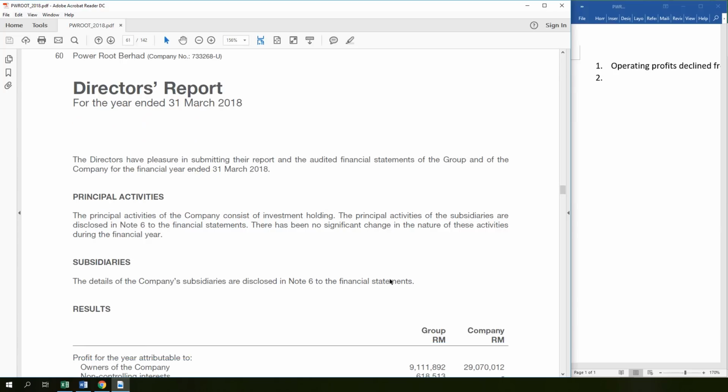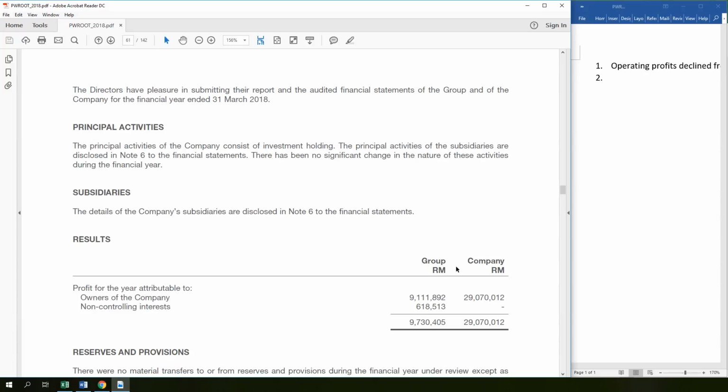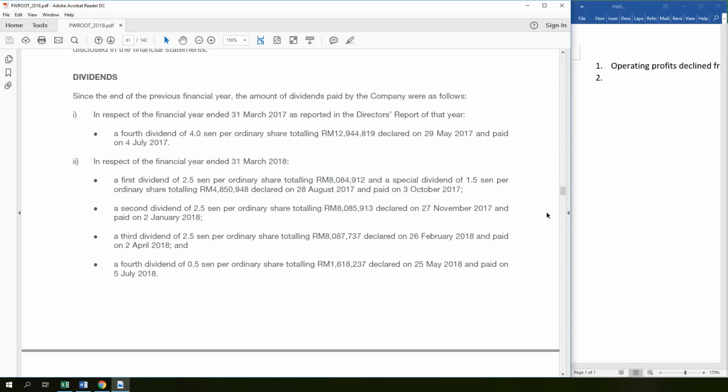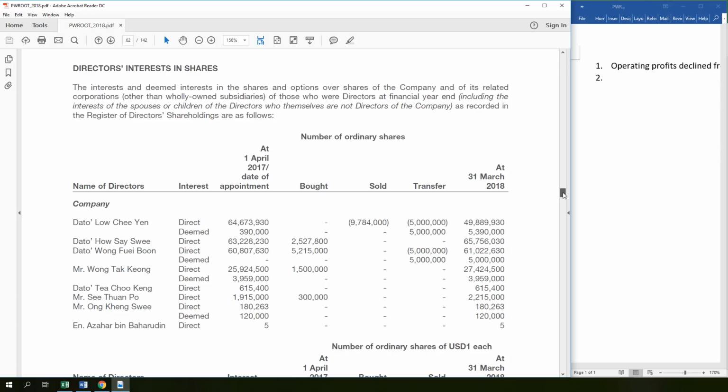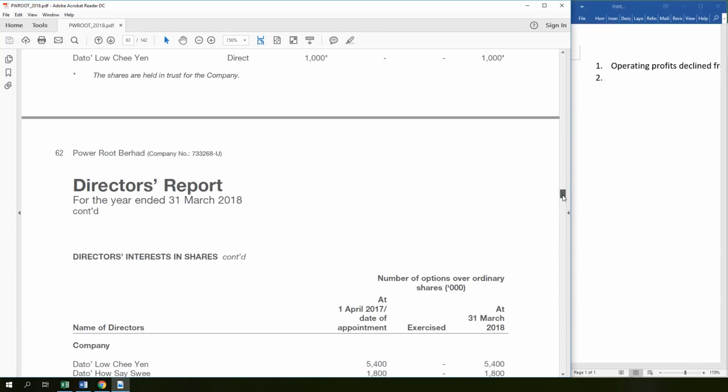Usually this report gives you a summary of the business performance and the corporate exercises in FY18. We can look into this shareholdings analysis later. I don't think it's important at this moment. Let's move on.